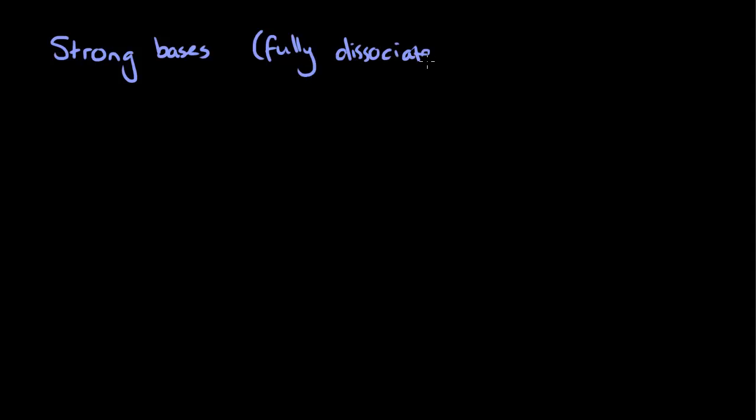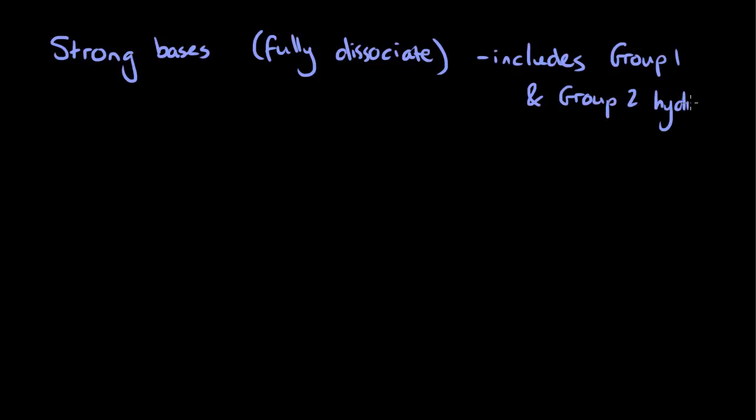Onto the bases. The strong bases are substances that fully dissociate, and it includes the group 1 and group 2 hydroxides, with group 1 and group 2 referring to groups on the periodic table.